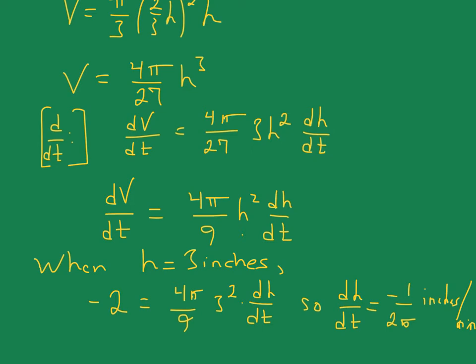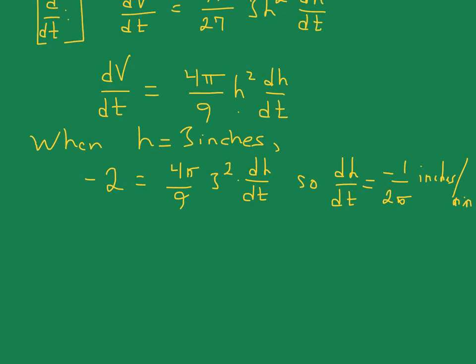All right, so what's the answer to our question? Well, the answer to our question is, at the moment in question, the rate at which the height of the water, or the water depth, is changing is a rate of minus 1 over 2 pi inches per minute. That negative means that the height is decreasing, which is what we would expect given that water is leaking from the cup.